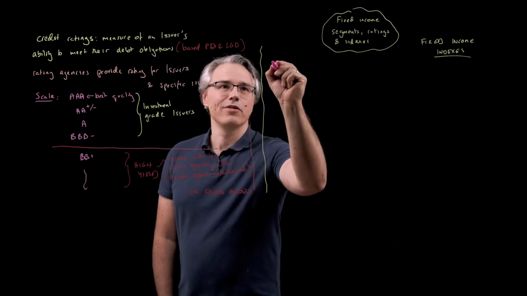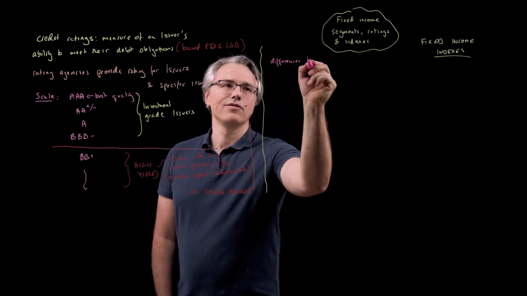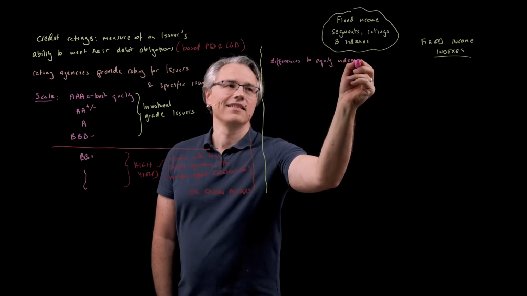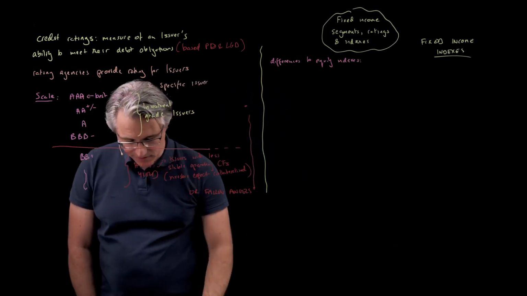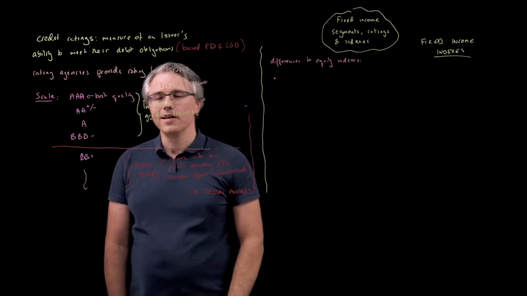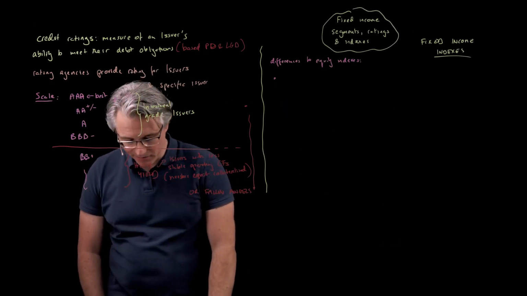So let me write over here, the most important differences to equity indexes. That's the focus point. And there are three important points which are made, and you have to appreciate them and perhaps be able to answer questions about them.